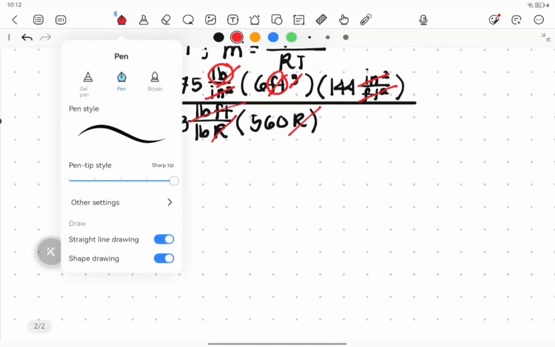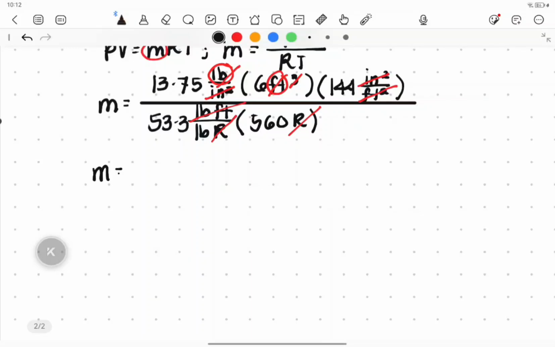And our M, our mass, is, let me just use my calculator, and we can use the fraction so that it is easily written. So that is 1485 over 3731 pounds. And we can store this at letter A.